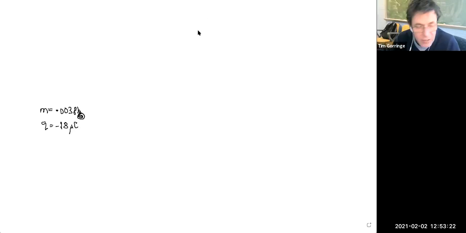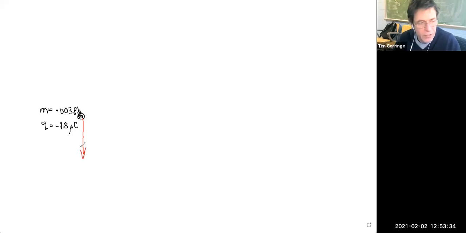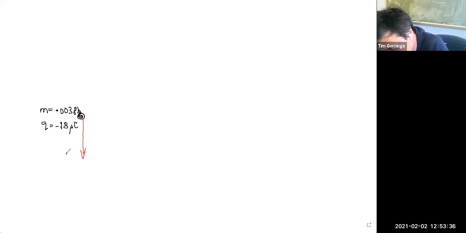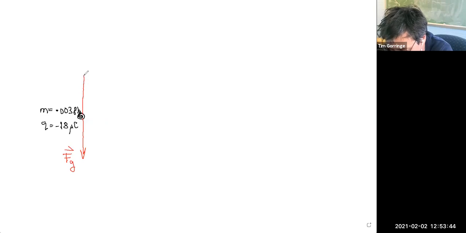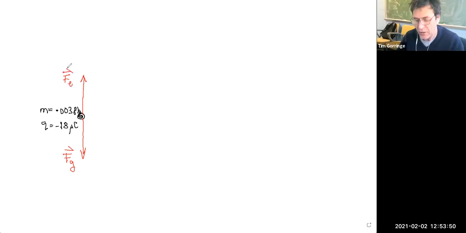We know that it's floating in space. And it's floating in space because there's an equilibrium of two forces on the test charge. Gravity is pulling the test charge downwards. So here's the force of gravity. And it must be that if the charge is floating there, the electrical force is pushing the charge vertically upwards.